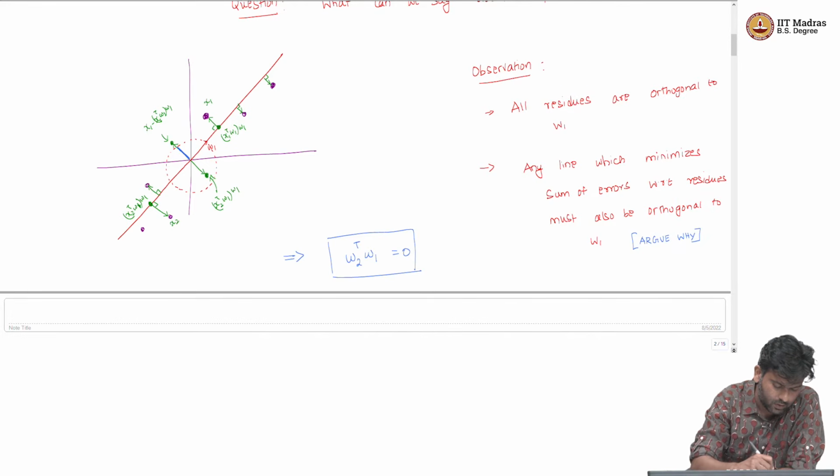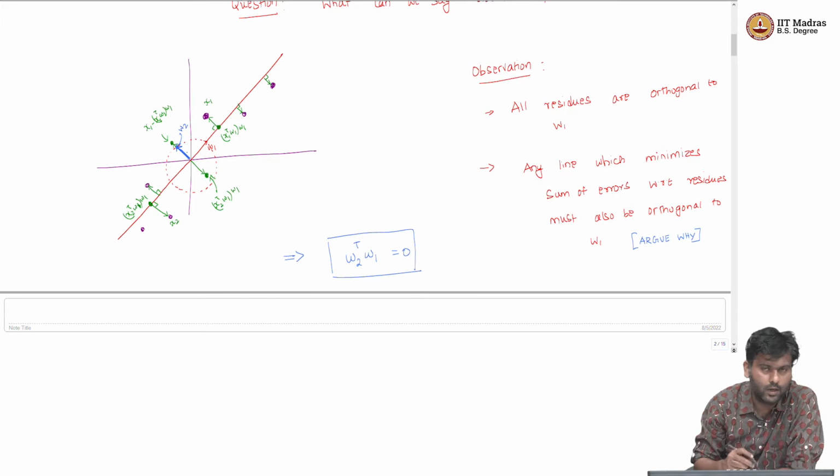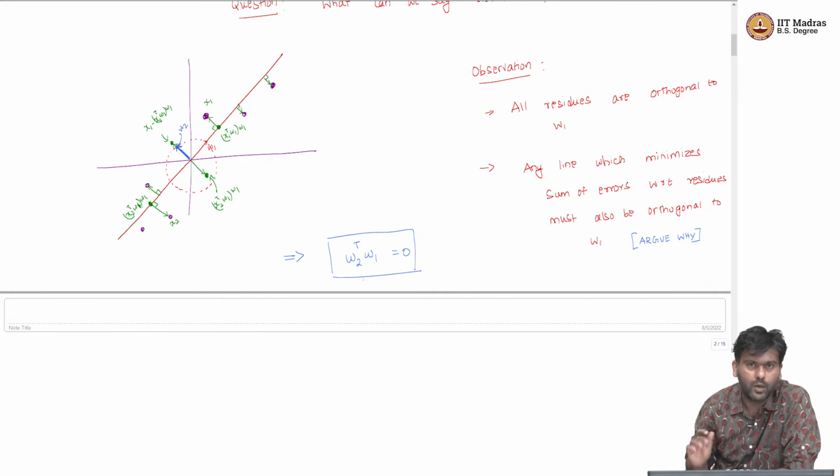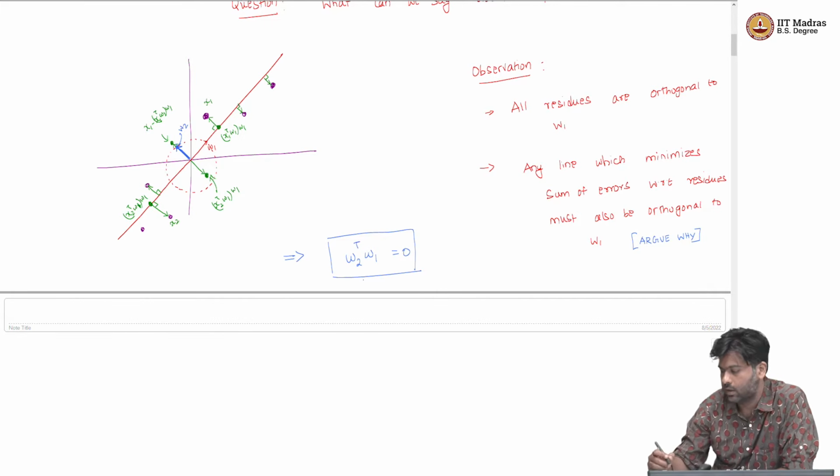So, it will be this vector, this would be W2. Well, it could be in the opposite direction also, that is also fine. That would also be a valid unit vector, and nevertheless that does not violate the orthogonality property at least, right. So, the orthogonality still holds for W1 and W2.